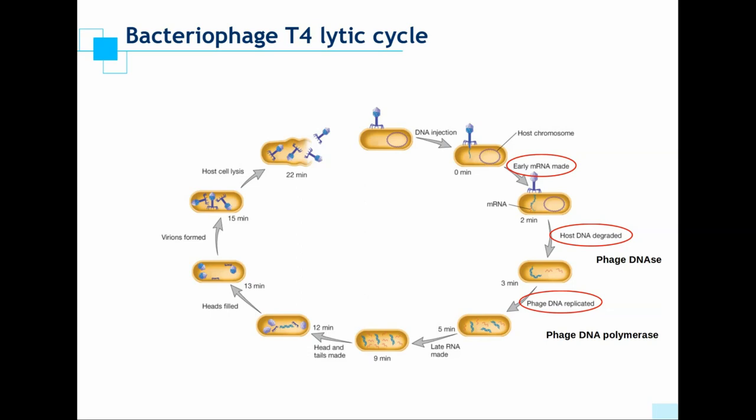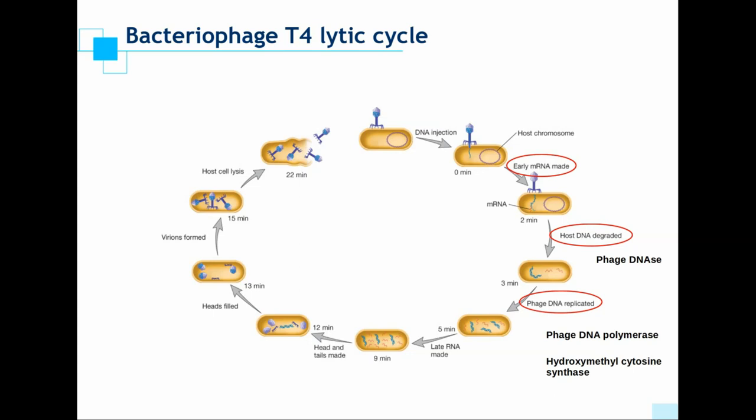DNase is going to be degrading DNA. So how can this actually work? Because normally what would happen is if the phage is making new DNA with this polymerase, it should all be degraded.